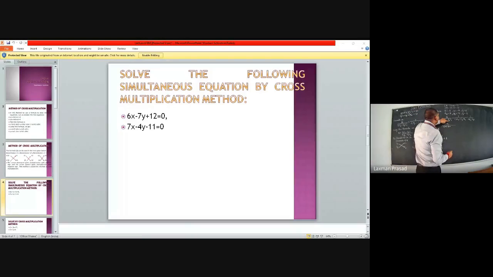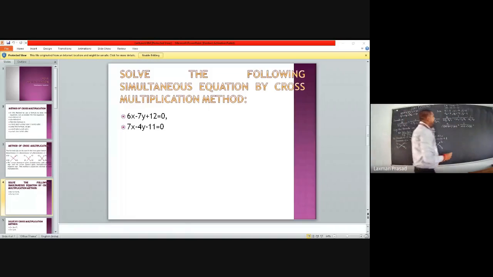And then b2 c1: minus 4 into c1 is 12, equals y upon the value of c1 equals 12, the value of a2 equals 7, minus the value of c2, minus 11 into a1, 6.